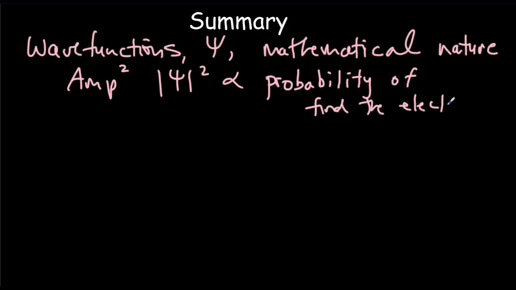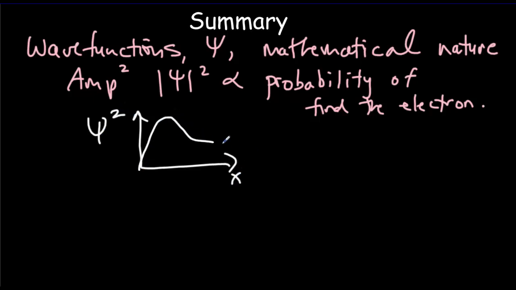So if we do a measurement, our wave function is going to predict the probability of finding, say, the electron in a given region. So we saw an example where we saw a graph of the wave function squared against position, and it looked something like this. And what we could say is the highest probability of finding the electron would be close to that peak in the wave function.